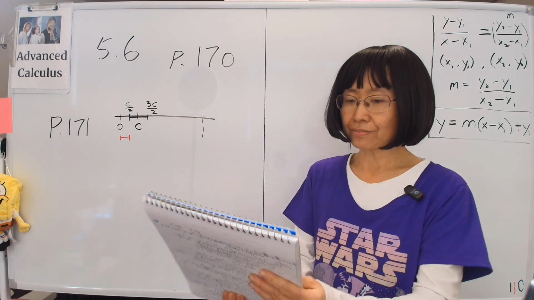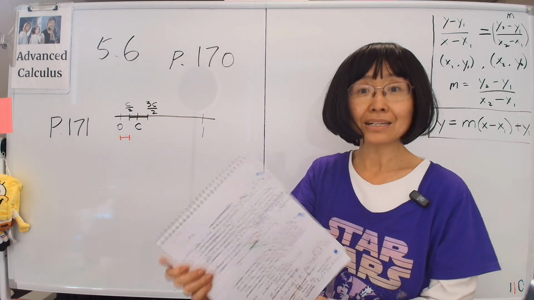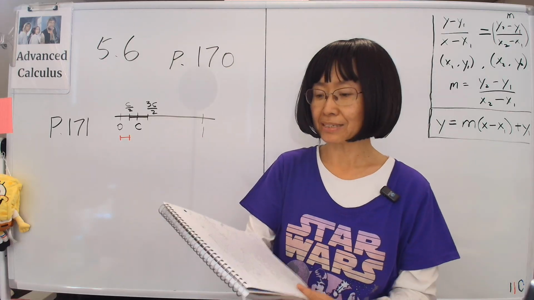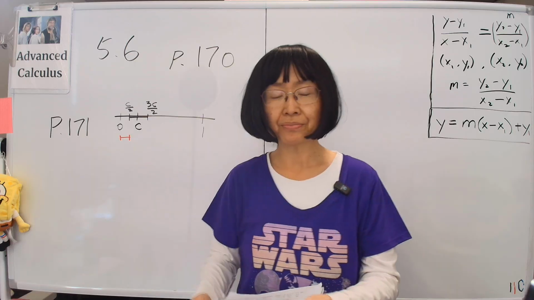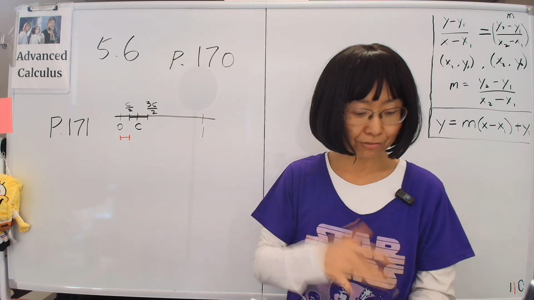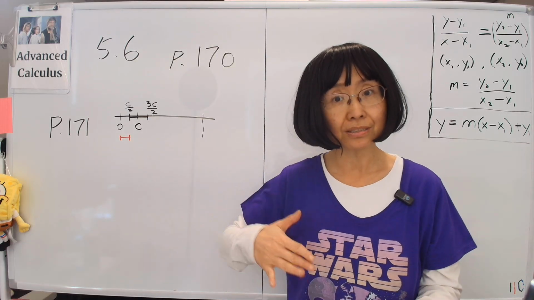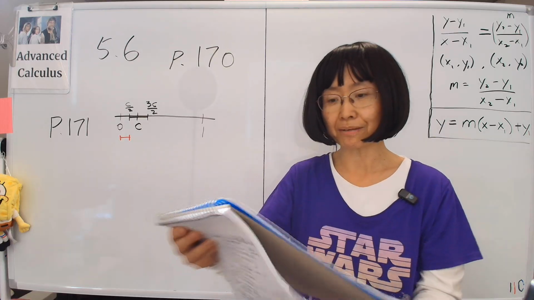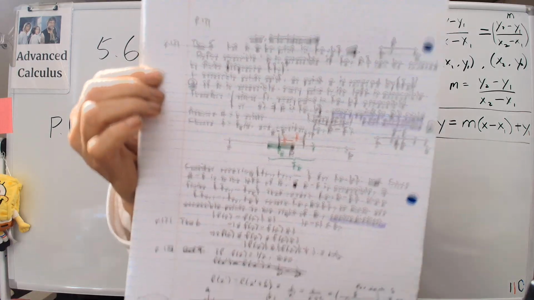I have this written down. Basically, I'm repeating what the book said, but I'm just arguing it for myself. Please do this yourself as well. After you read the theorem, please prove it yourself as if you haven't read it, and see if you can get it to logically come out. So this is what I did.